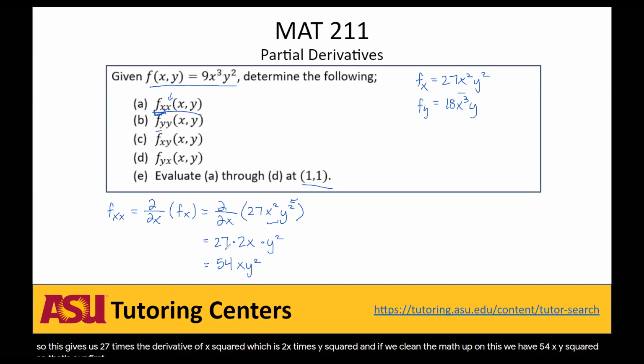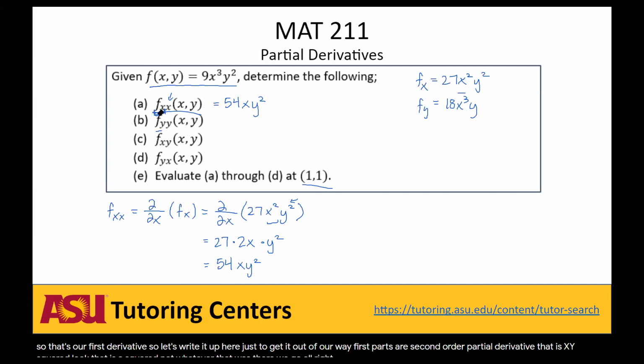So that's our first derivative. So let's write it up here just to get it out of our way. Our second order partial derivative, that is. Whoop, that is a squared. There we go.